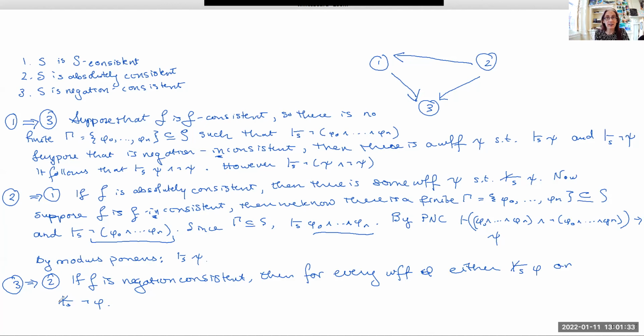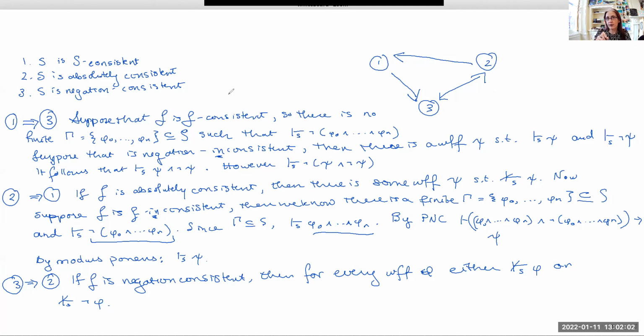Here, negation consistency says actually for any pair of formula plus negation, at least one of them is not provable. So it's like loads and loads of things that you aren't able to prove. So this means that negation consistency implies absolute consistency, and now we've got our complete circle where everything implies everything else.